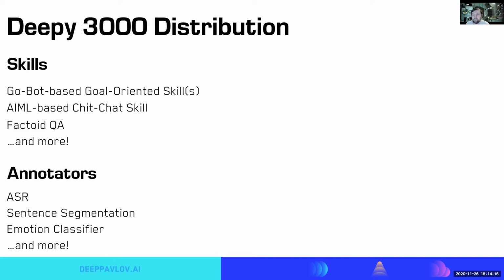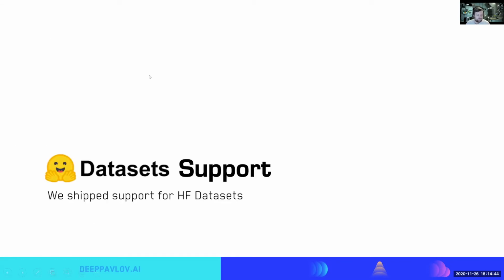And we will also have a number of annotators, like just today we shipped a sentence segmentation annotator in one of the public branches of DP Dream demo repository on our GitHub. And there's a lot of different other things that we have in store for you folks, like factoid skill, and so on. That's a big thing.